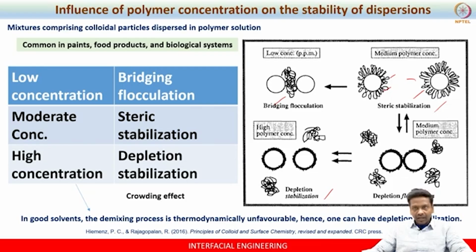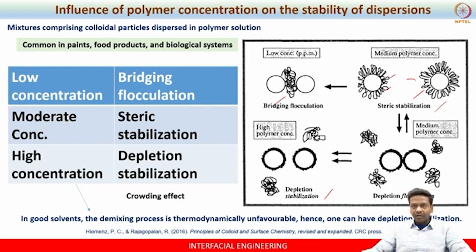So when you have a higher concentration of adsorbing polymer molecules, these molecules will move around freely around the particle surface, so they will act as a shield for the particles, right? They will create some sort of crowding effect, because of which depletion stabilization can be expected, right?